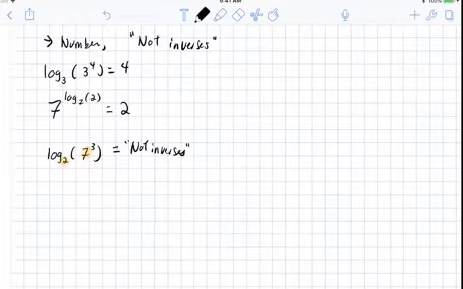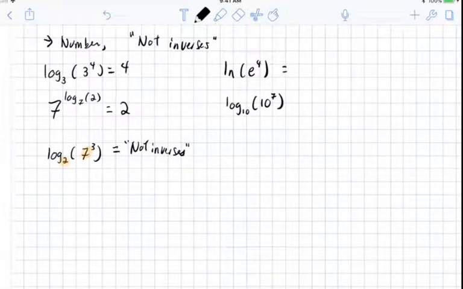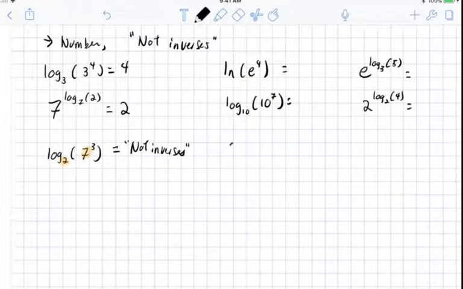So let's try some. ln e to the 4, log base 10 to the 7, e to the log base 3 of 5, 2 to the log base 2 of 4, and then 4 to the log base 3 of 4, and then log base 4 of 3 to the 3.